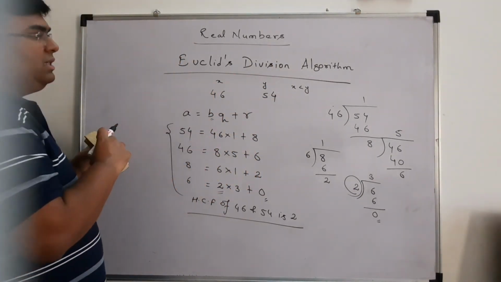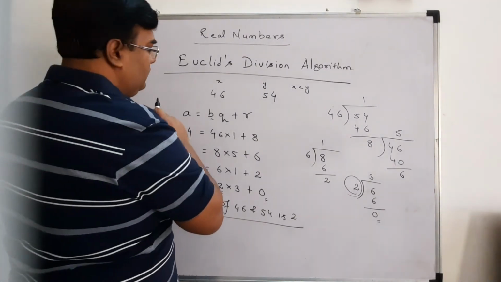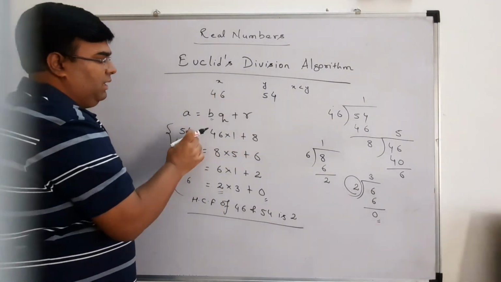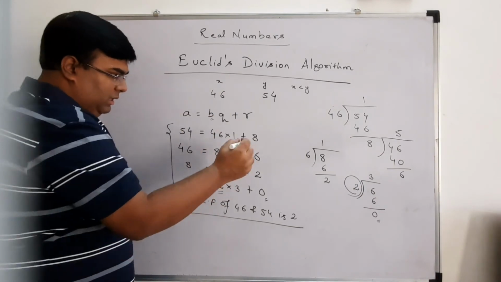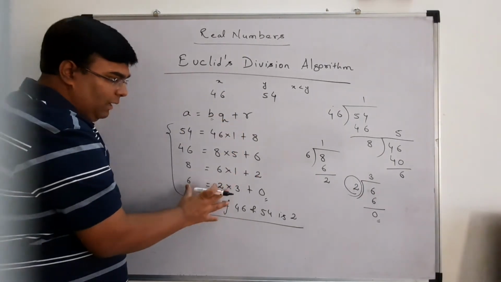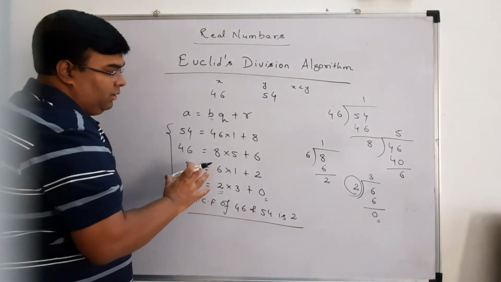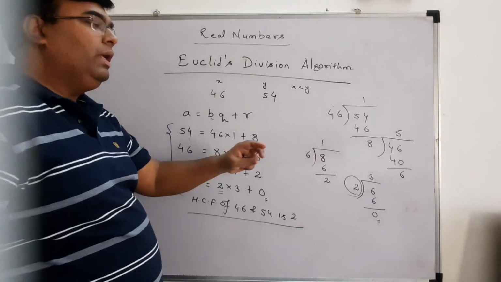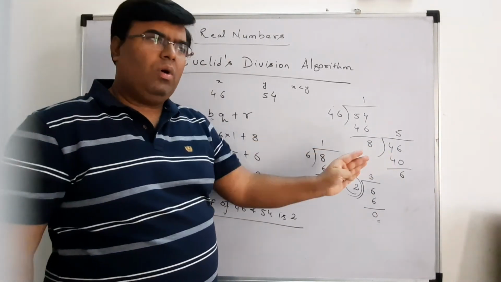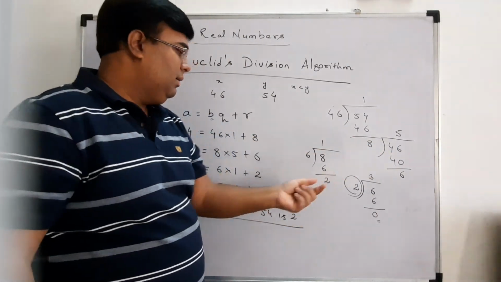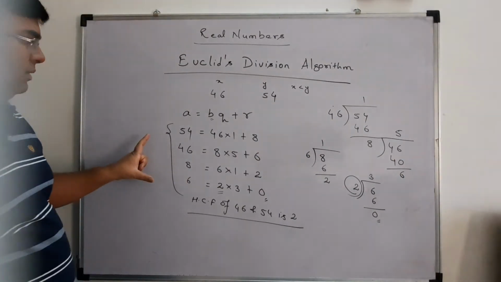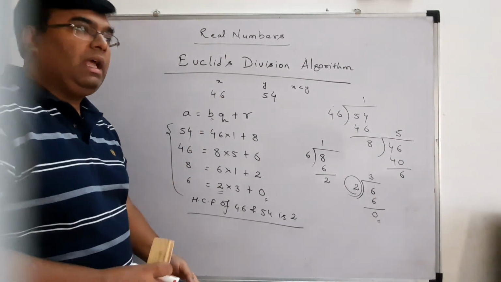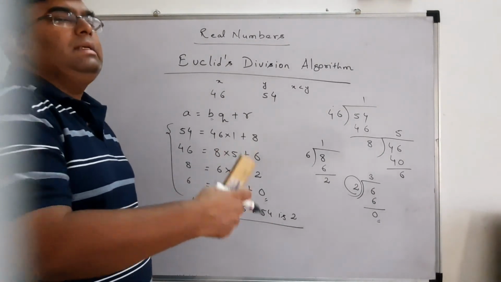First you write the statement like 46 is less than 54, hence, and you can start this. This is very important. This is the algorithm. If you want to use this division method, you can do it in rough work or on the side, right? But this is important. These are 4 steps, or in this case it is 4 steps. In another question it can be more than 4 steps or fewer than 4 steps.